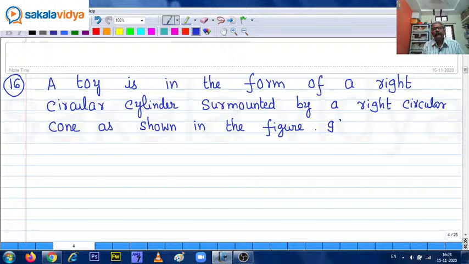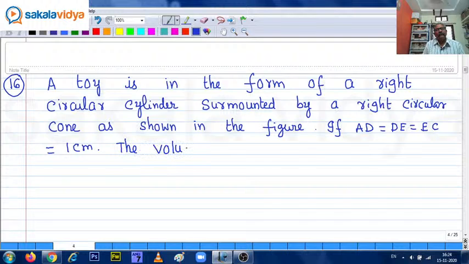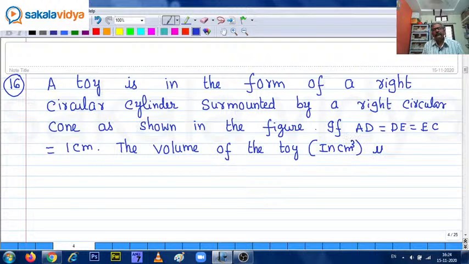If AD equals DE equals EC equals 1 centimeter, the volume of the toy in centimeter cube is. First option 4/3 pi, B 3/4 pi, C 3 pi, D 4 pi.